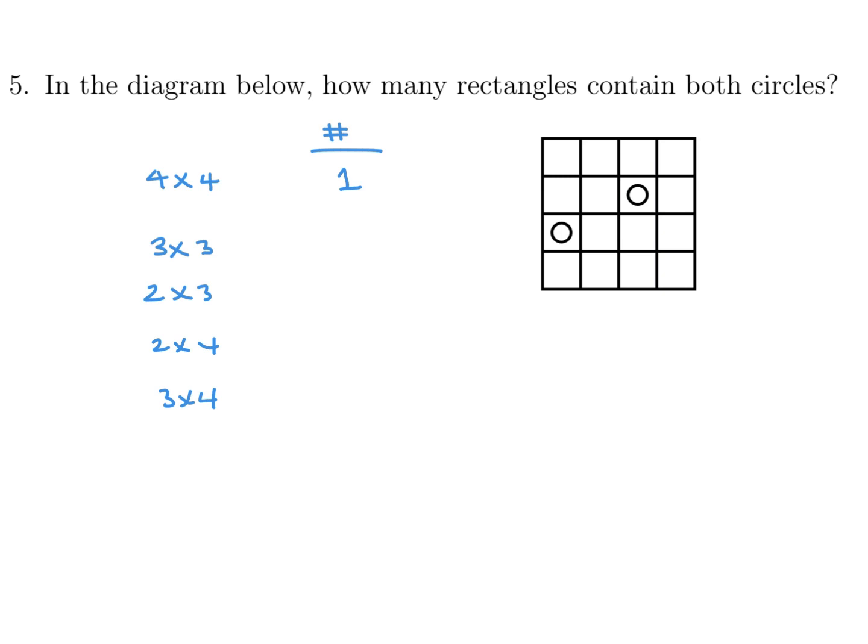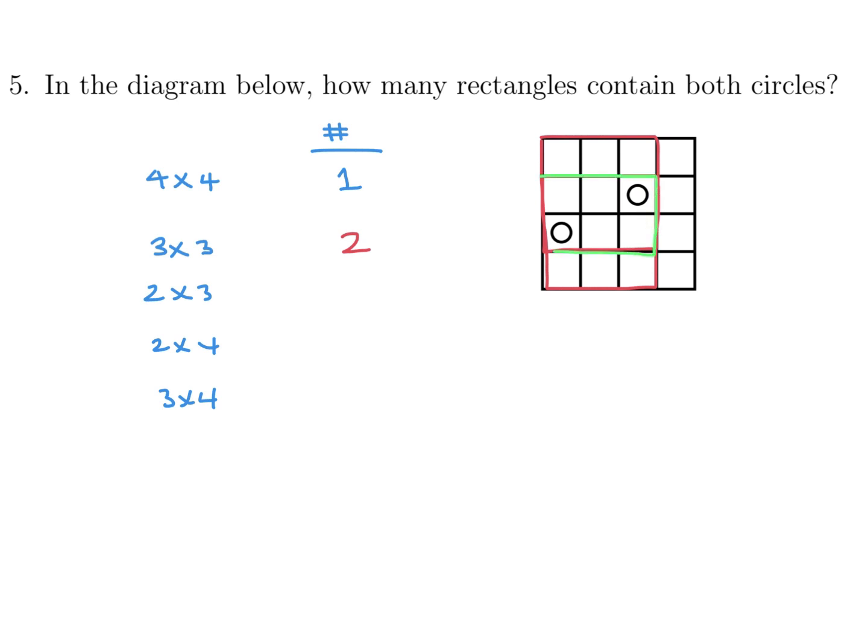3x3. There's this one, and then there's this one. So there's two of those guys. Now, unfortunately, I have to use a different color for 2x3. 2x3, I think there might only be one.